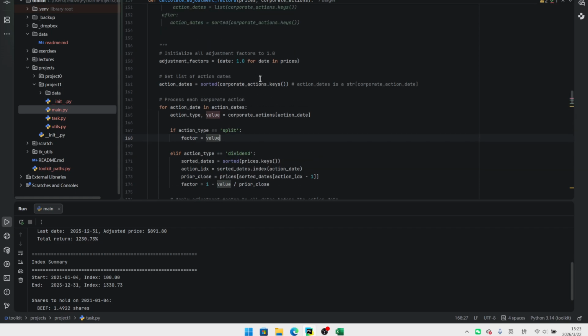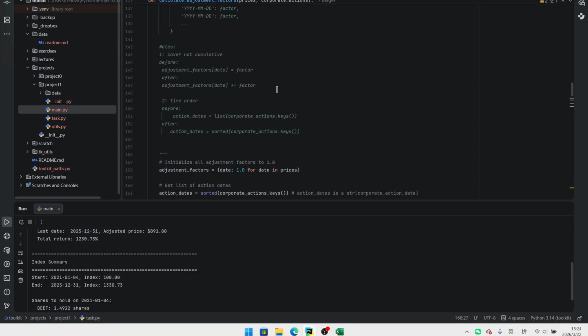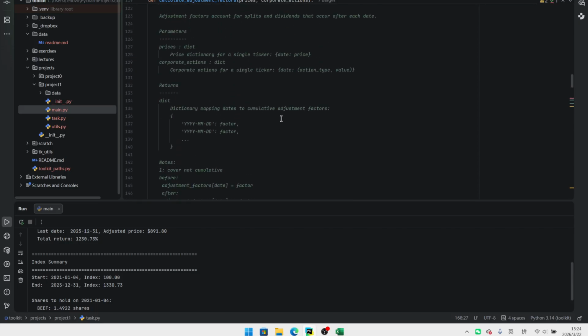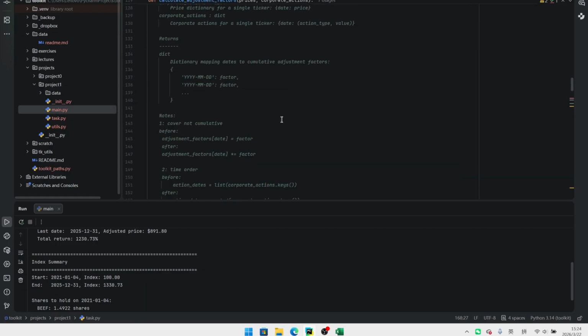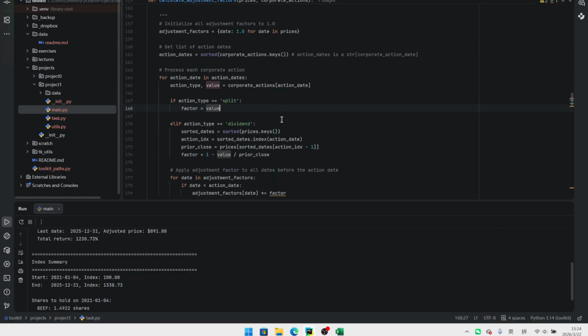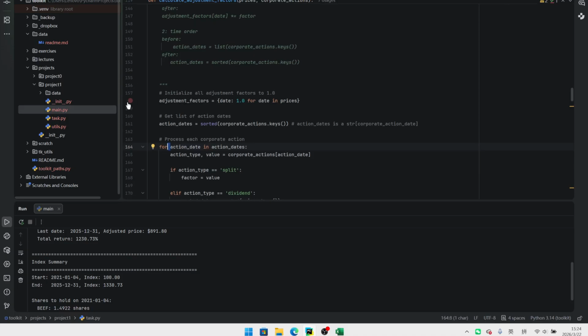So if 2 for 1, it is 2. So I just do not fully understand what that means. Factor is the value. So let's just debug this stuff.